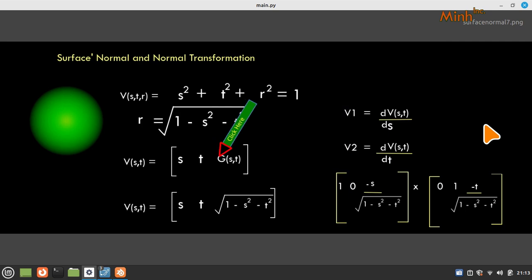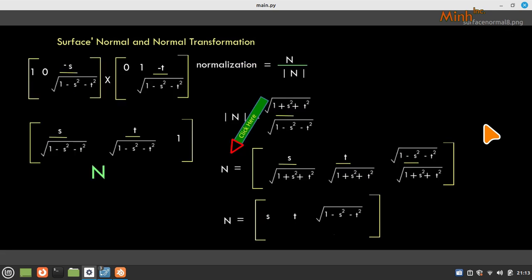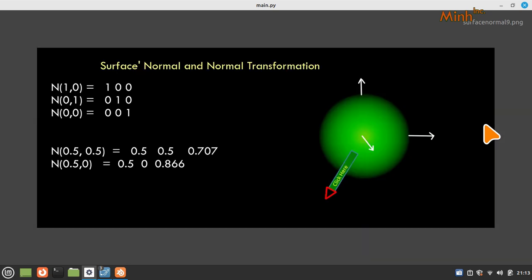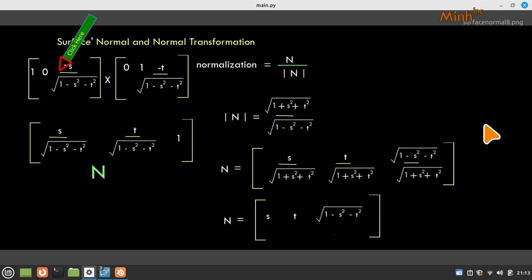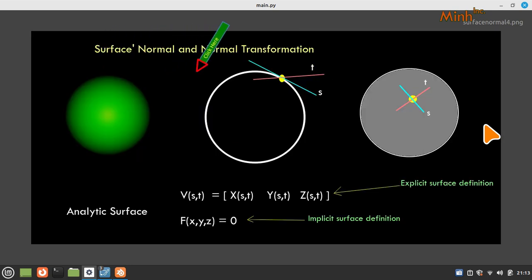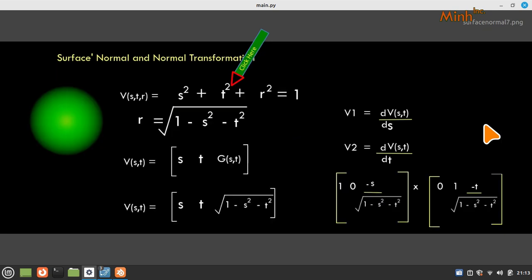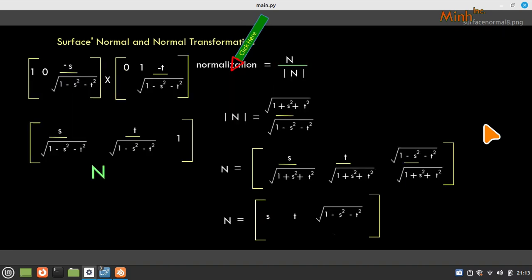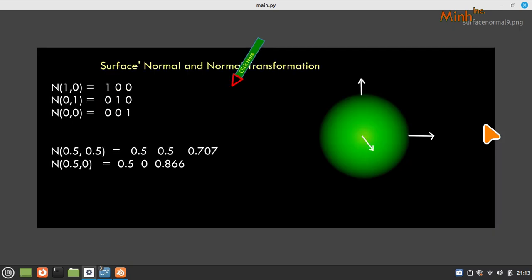So s, t and g(s,t) is this. So this is the normal we are getting. Now can we see the elegance? The elegance of the explicit formula is we don't have to worry about the points. We can just place the point and we get the normal, it is just amazing. I can just give 1, 0, S direction 1 and Y direction 0.